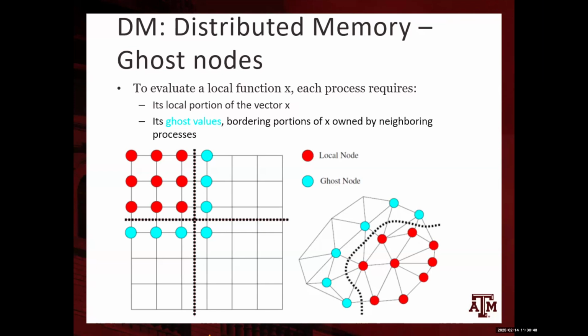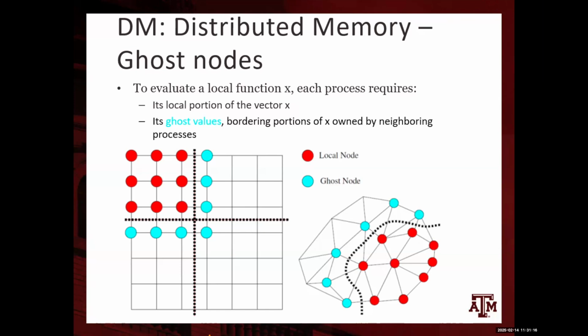But sometimes for our discretization, whenever we want to calculate, for example, this node, we need information from the neighboring node or rank or memory. Okay. So what it does, it creates some type of ghost node. We call these, which are at the boundaries of your memory, ghost nodes.